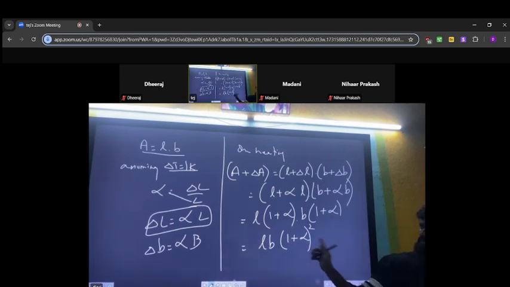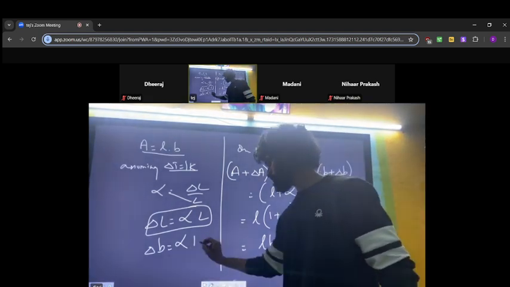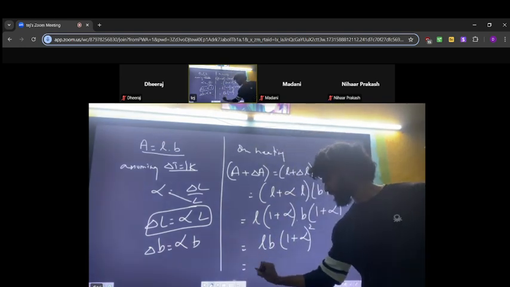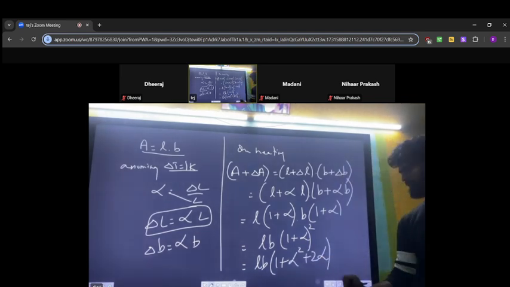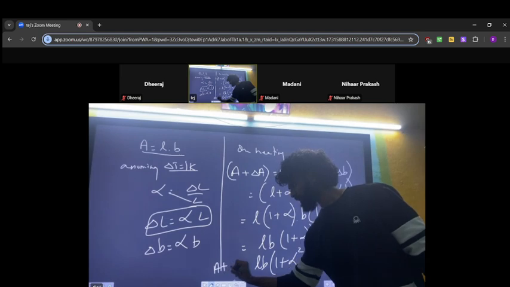If you're done with this step, expand this using (a plus b) the whole square: a square plus b square plus 2ab. Do that. Now what to be done here? LB open bracket, 1 plus alpha the whole square, 1 square plus alpha square plus 2 alpha. Got it? Now what's the left hand side here? A plus delta A. Now it's a crucial step.